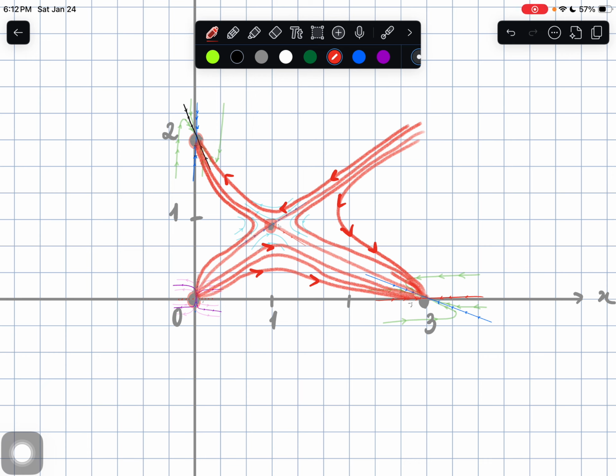There's one line right here that goes toward this critical point, and we call it the separatrix.